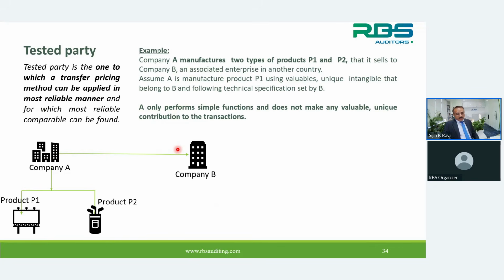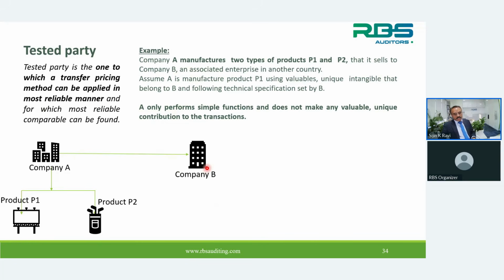Assume A manufactures product P1 by using valuable, unique intangibles that belong to B. So the product is manufactured by company A based on the relevant technical specifications provided by company B. That means all technical things, the unique intangibles, the product value, the combination, everything is provided by B.